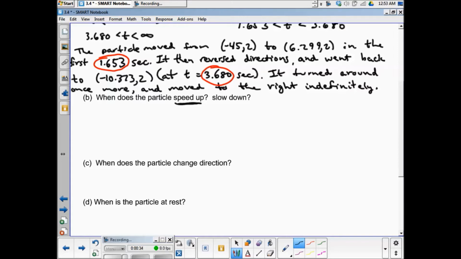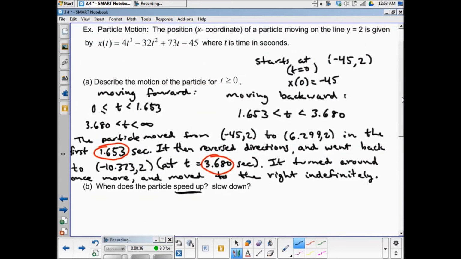Okay, so the derivative for this function can be found by hand, and it is velocity equals 12t cubed, 12t squared minus 64t plus 73.